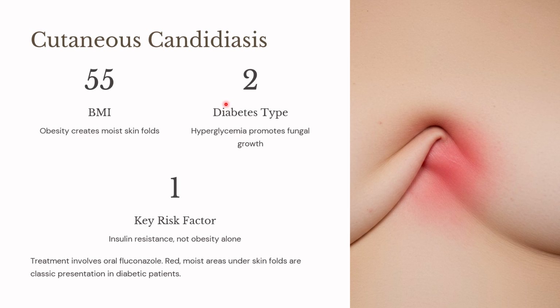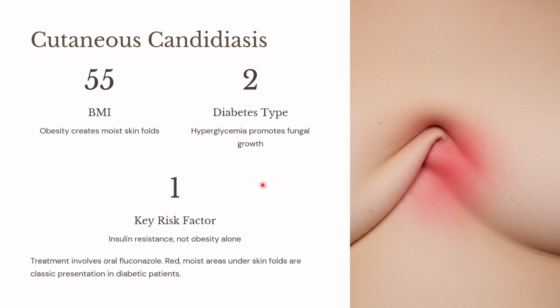So the question wants to check whether you know if obesity or diabetes mellitus is the highest risk factor. Even though obesity causes moist skin folds, hyperglycemia secondary to diabetes is the one that promotes fungal growth. Therefore hyperglycemia or insulin resistance is the biggest risk factor. That's what you should know.